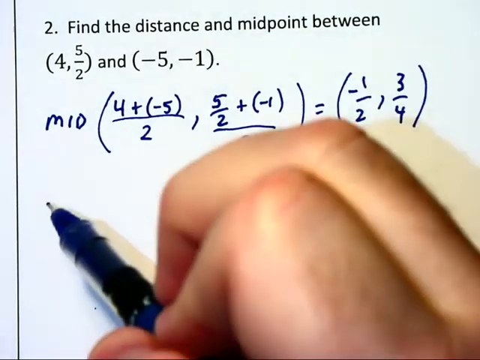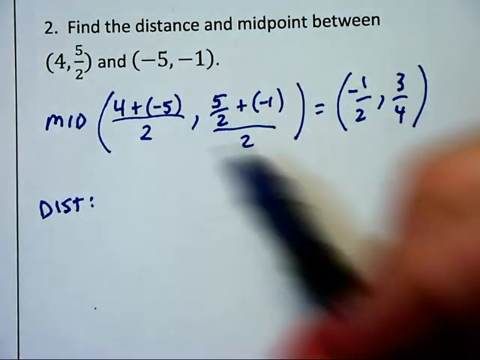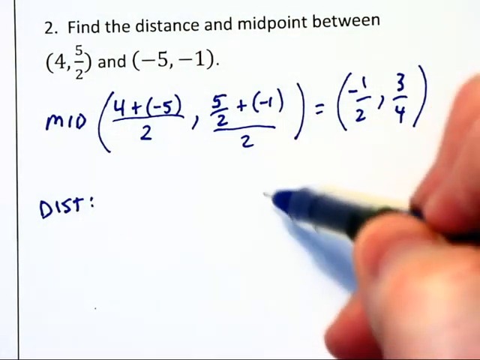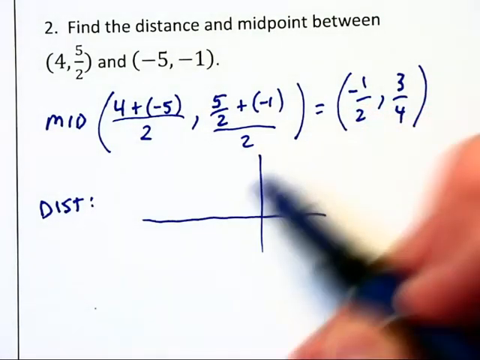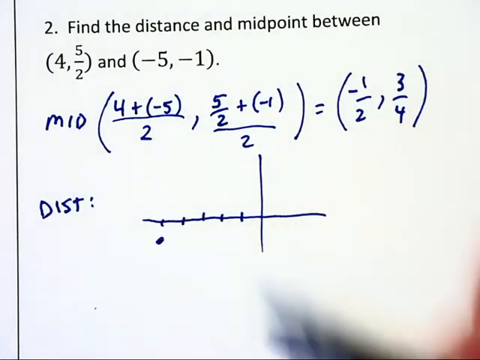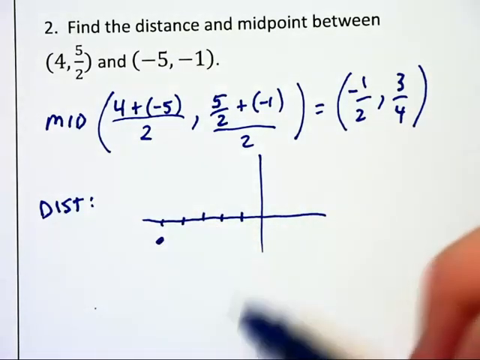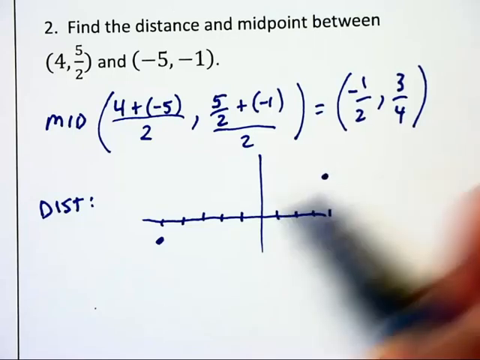As far as the distance is concerned, I can use the distance formula, or I can draw a quick picture. That is really the quick way for me to do this well, because I don't want you to have to memorize a formula. I'd rather you have kind of a visual way to handle it. So there's my -5, -1, and 4, 5 halves is going to be right about there.